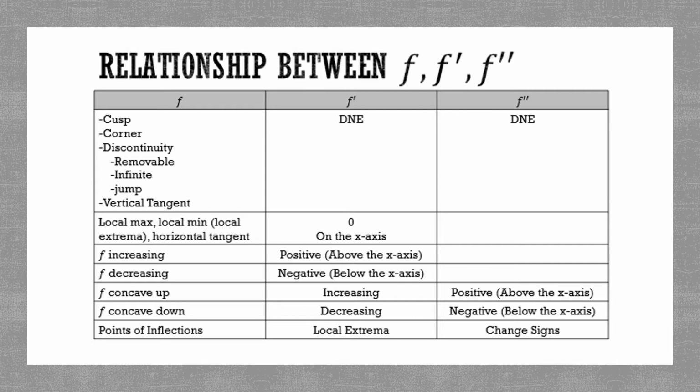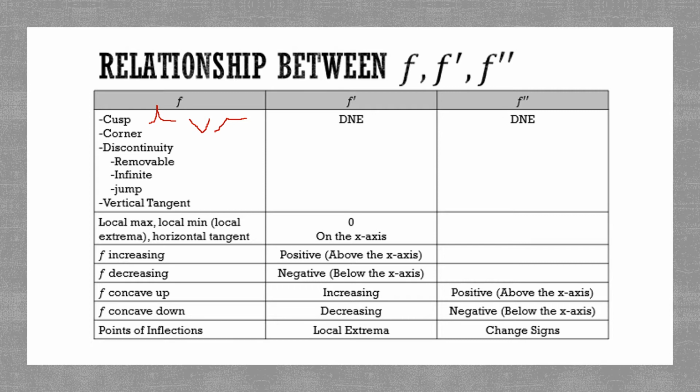I'm going to try to sketch an example. A cusp would look like something like that. A corner, think of absolute value, or maybe linear and then horizontal. That's a corner. It's a sharp corner.